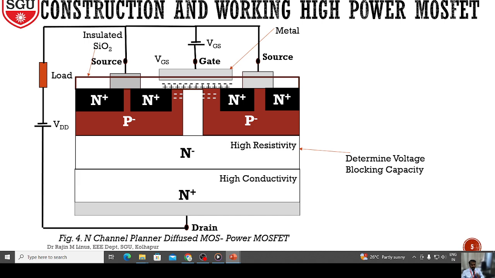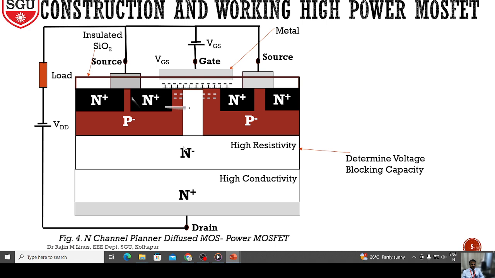Now assume that the gate is closed and we give a positive supply. When we give this positive supply, what will happen? It will generate a voltage, negative here and positive below. Due to the positive, the electrons will be attracted by the positive terminal.